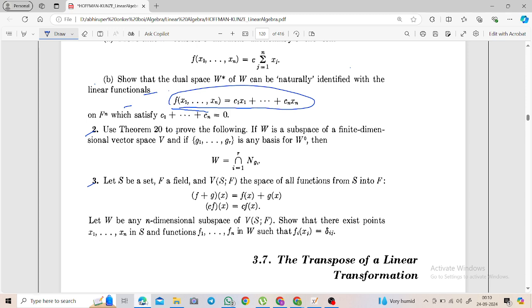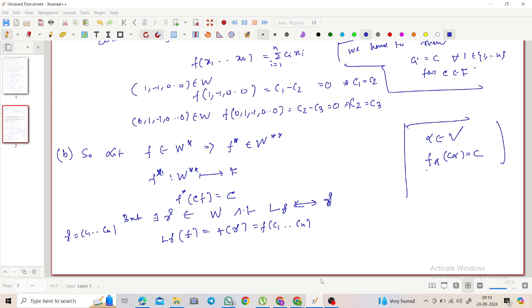What was it, naturally identified with the linear functionals. We are actually trying to do W star, right? W star.